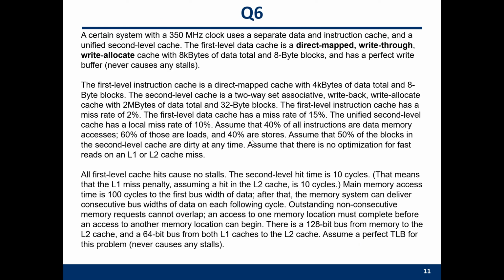You need to divide this 32-byte request into 2 parts, so that each part can go through this 128-bit bus. The first part will take 100 cycles, and the second part will only take 1 cycle. This is why you have 100 plus 1.